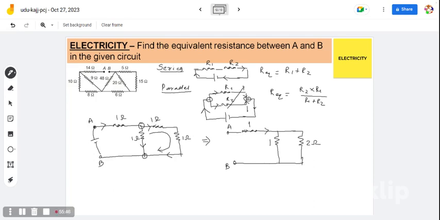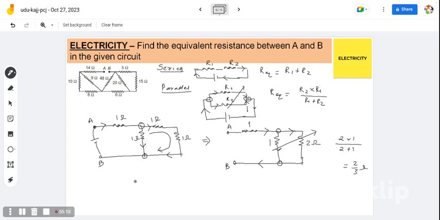Now this current is dividing here, and they are getting combined at this point and then going to B. So between these two points, these two resistances will be in parallel. What will be their equivalent resistance? 2 into 1 divided by 2 plus 1. So it will be 2 by 3 ohms.